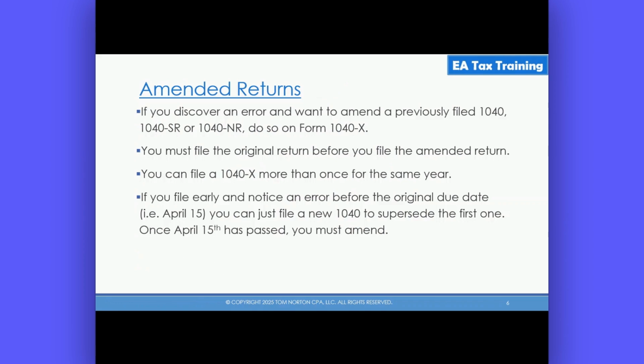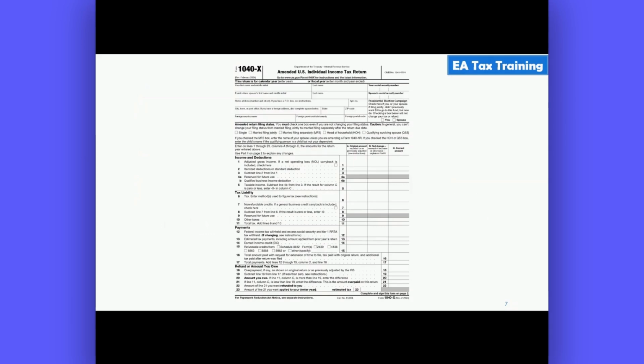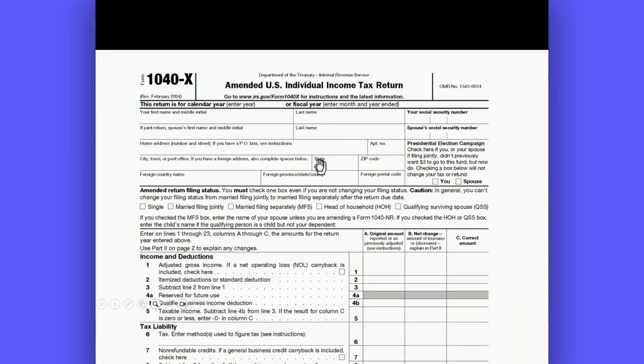Your tax software should have a box to check to say that it is superseding the other 1040, and then the IRS will accept the latest one that you filed. But again, you have to do that by the original due date, or by April 15th, in order for that to work. Let's have a look at the 1040X so you can see what it is all about.